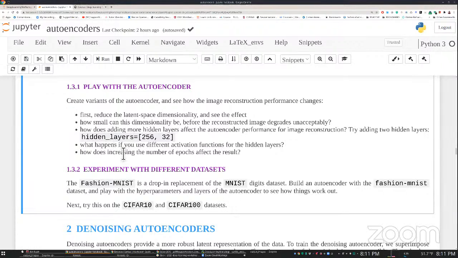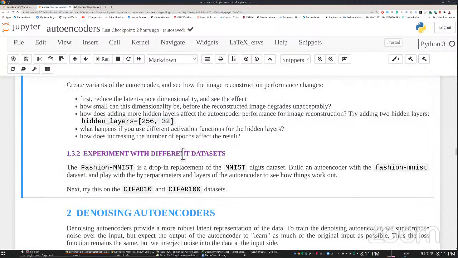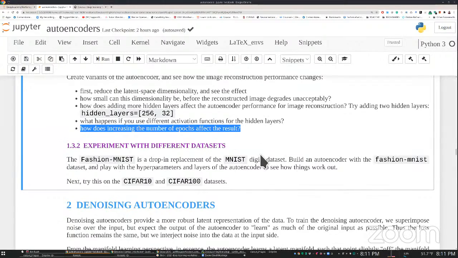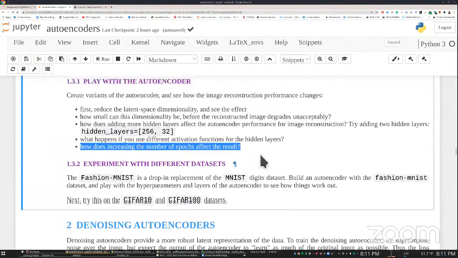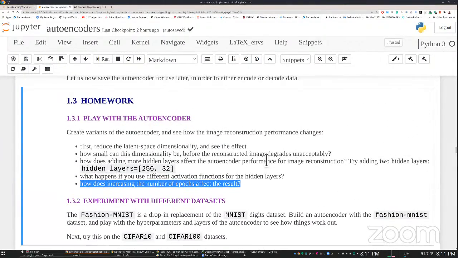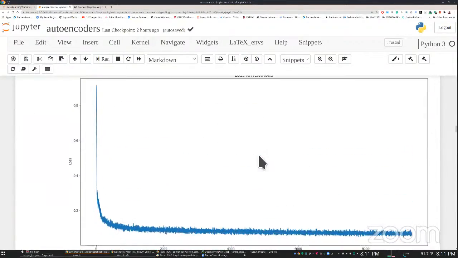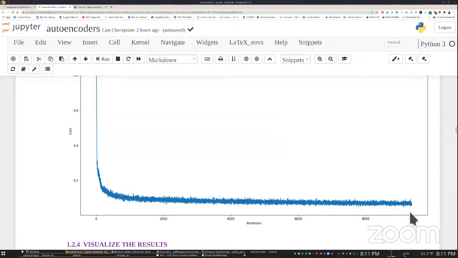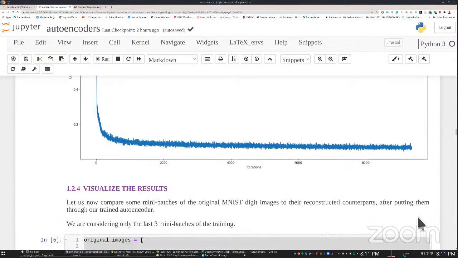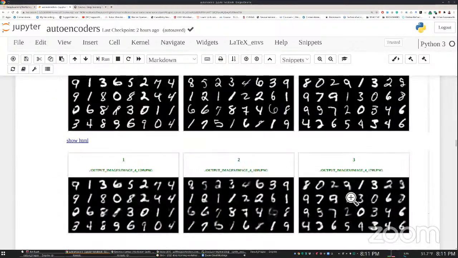What if you make it a sigmoid or tanh? See how well it learns. Then, does increasing the number of epochs give visibly better reconstruction of images? Check it out. What happens if you set the number of epochs to 50? You should get some hint just by looking at this graph, but try it out and see what happens.